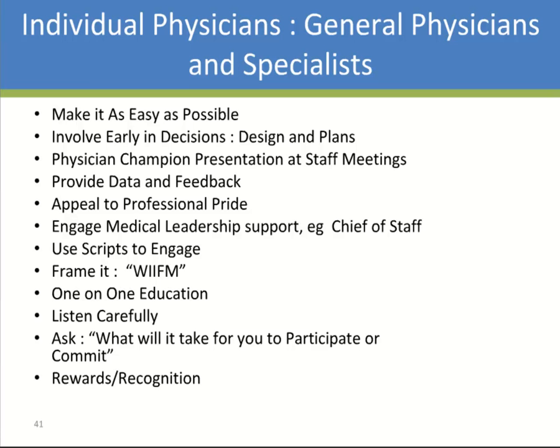Have automatic stop orders on Foleys, involve physicians early in the design and planning, have your champion present at meetings, provide data and feedback to the outliers, as well as those who are doing well for positive reinforcement. Appeal to professional pride with the data. Engage your medical leadership support. Use scripts to explain the rationale and to engage, and then frame it as to why they should care or be involved. For the laggards, have one-on-one education.